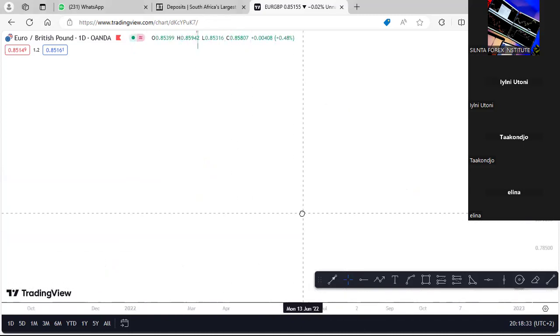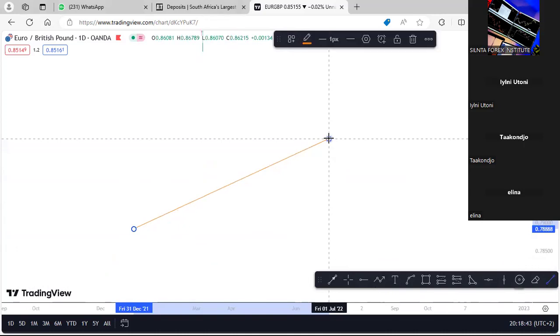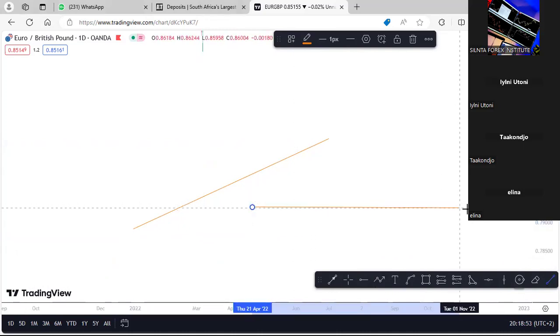We'll start over. This kind of trend line, the diagonal one, is known as a diagonal trend line. And then you also have a horizontal trend line, which is like this. Sometimes the market goes up and down like this.